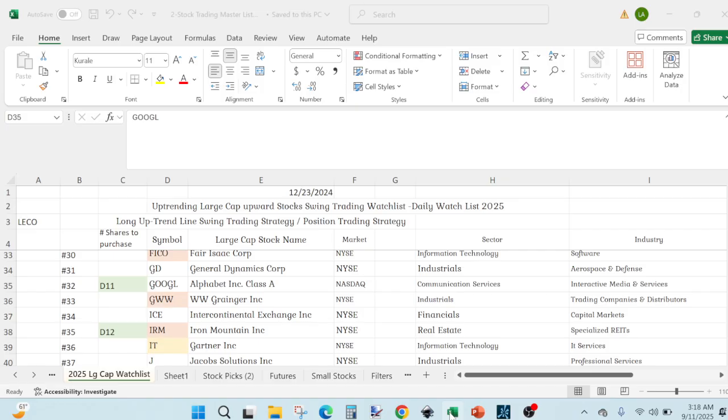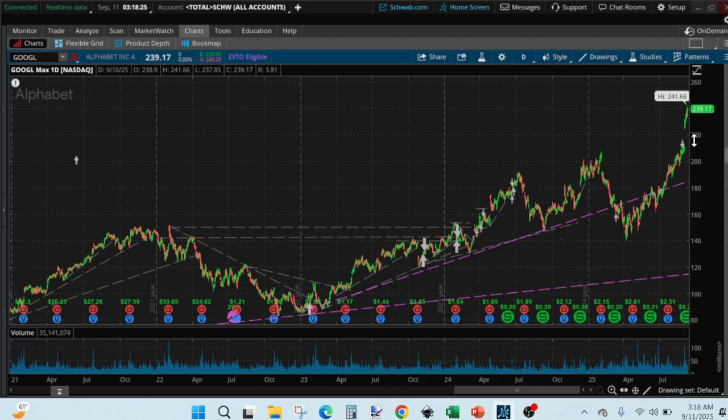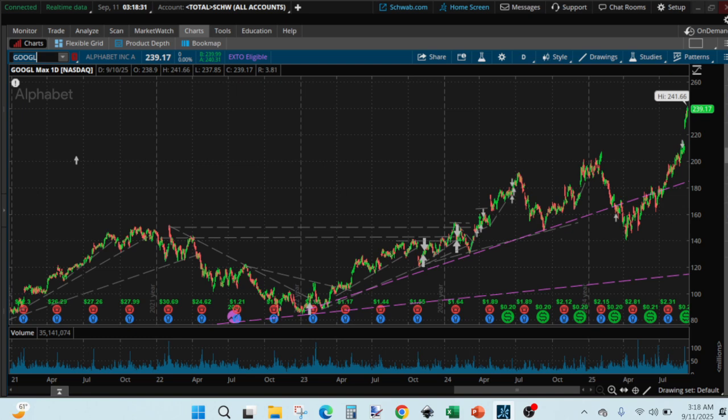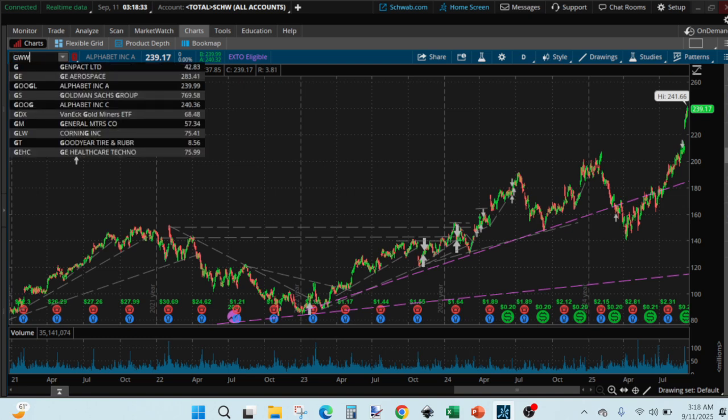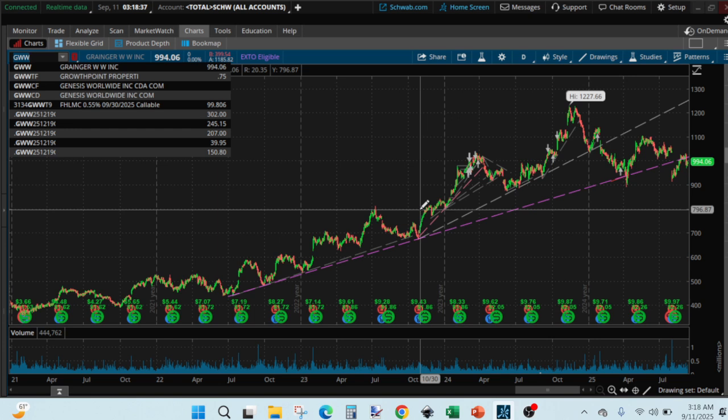The next one we will analyze is GWW. So GWW, and here this one I believe we sold it in August 26 or something. So GWW is highlighted on the spreadsheet because we purchased it and we have not sold it yet.